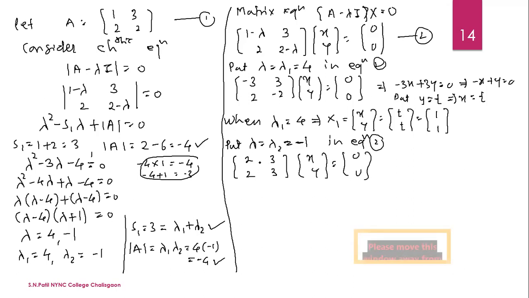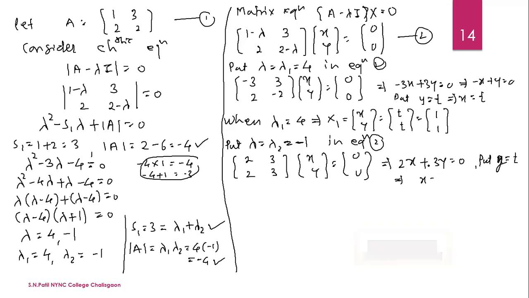Again we get the same identical rows. Consider the first equation, the first row multiplied by the column, 2x plus 3y is equal to 0. Put here y is equal to t. You can also put x is equal to t, no problem. Then we get 2x plus 3t, it becomes minus 3t and 2 is divided, that is x is minus 3 by 2 t.